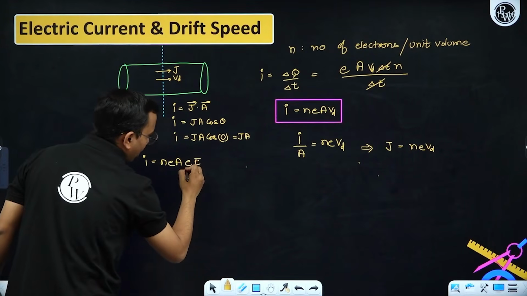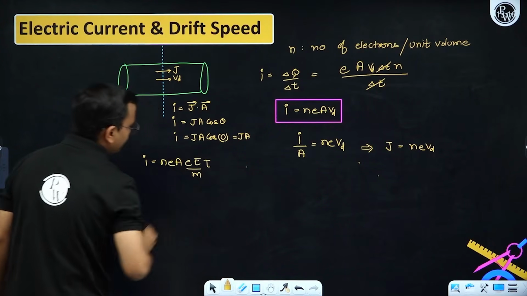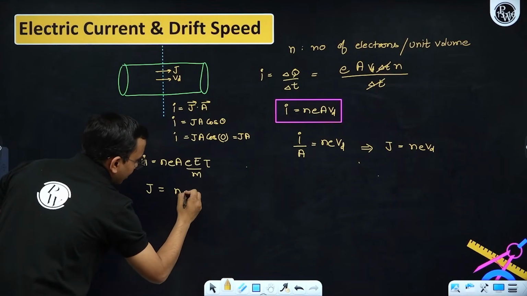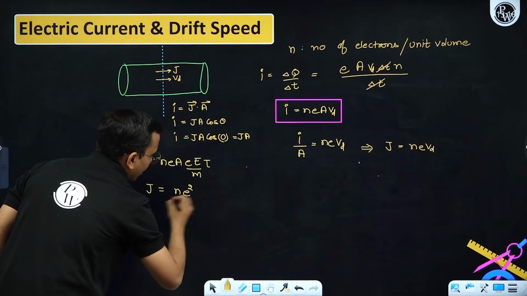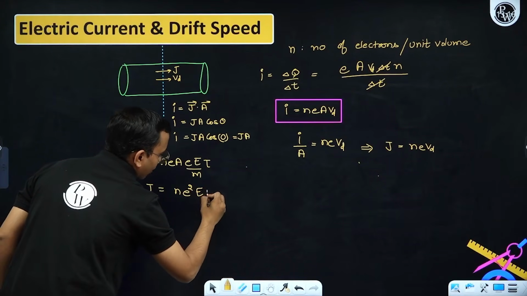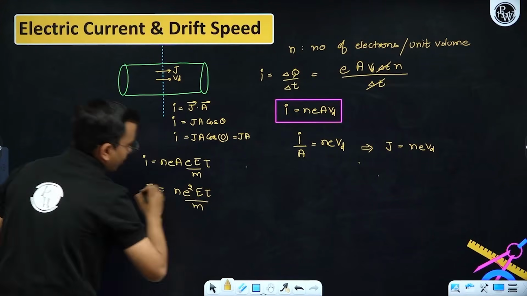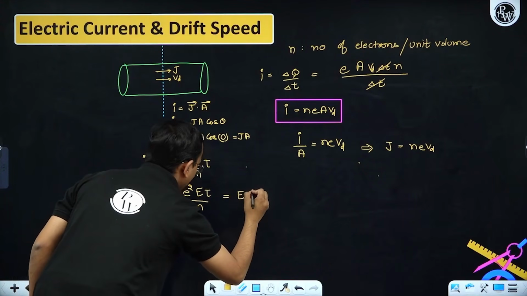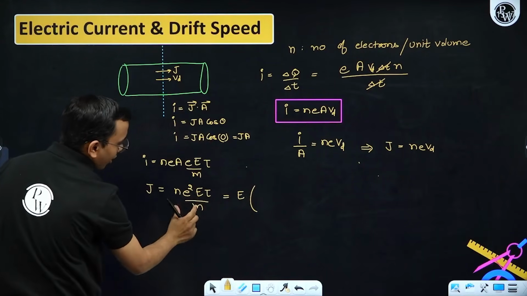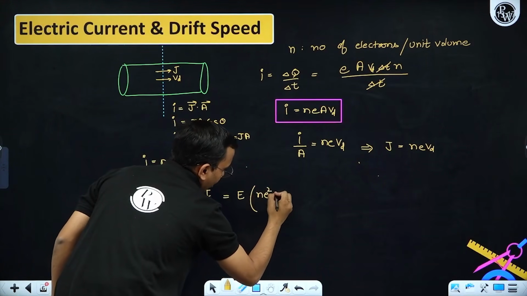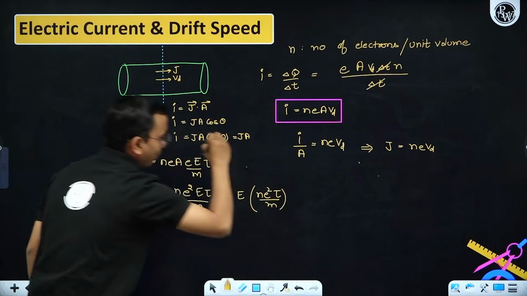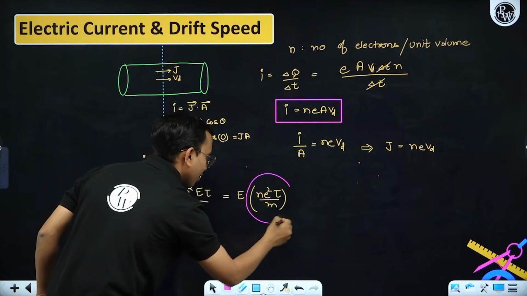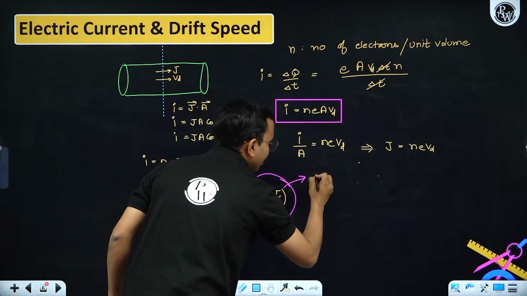And from here J becomes equal to ne square tau by m into the electric field E. I can rearrange this by taking E out, and this becomes ne square tau by m, and this thing becomes my conductivity.